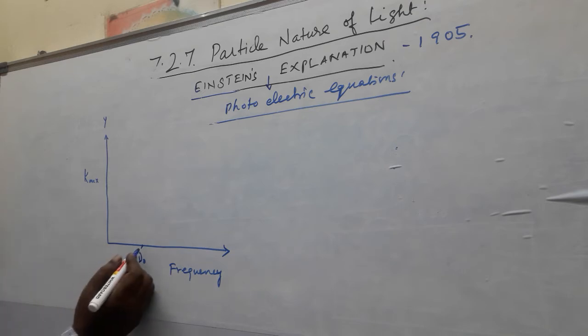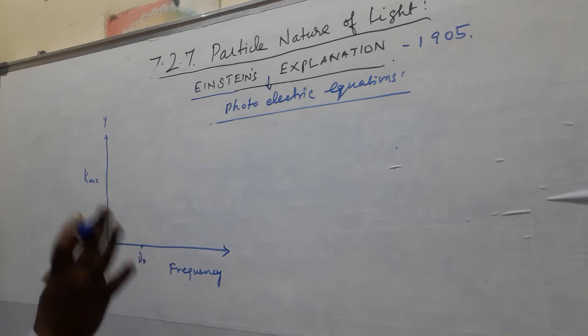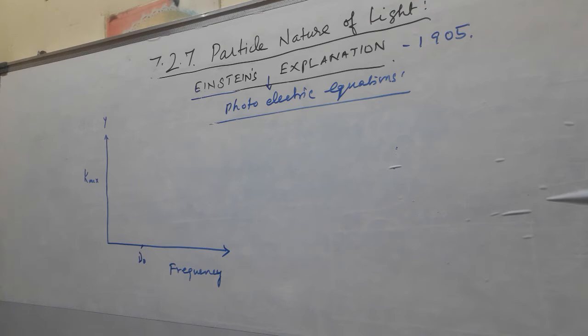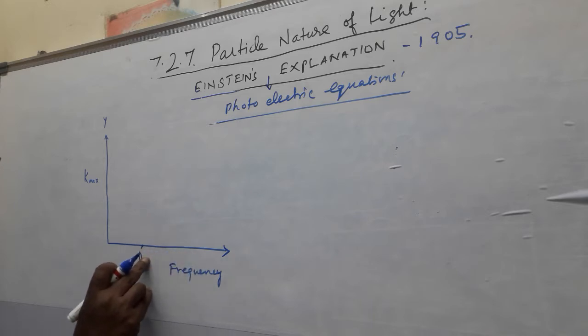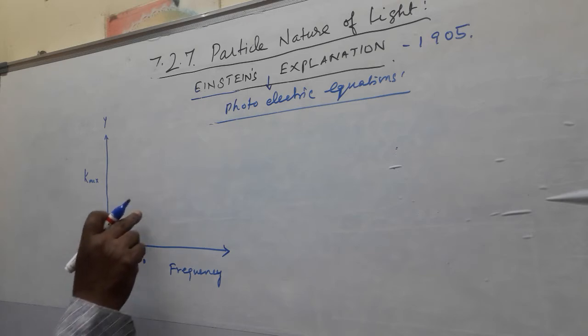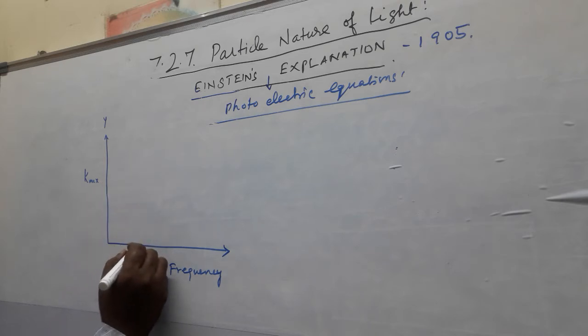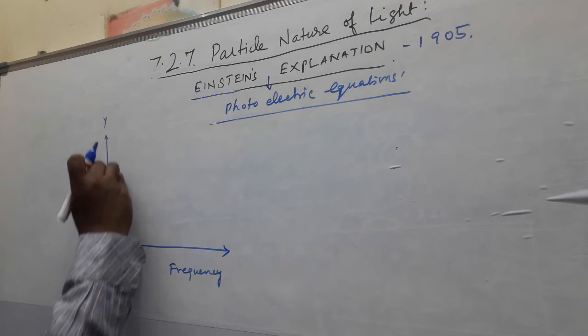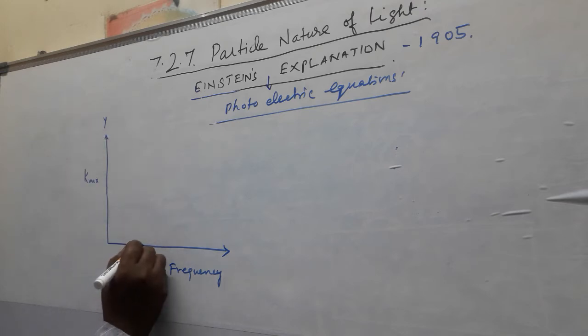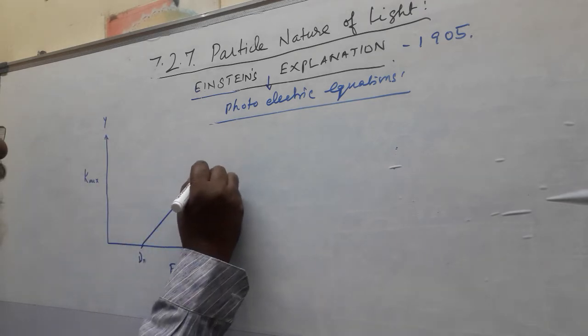That's why below this frequency there is no emission of electrons. So if you increase the frequency of the incident ray above the threshold frequency, the electron may be ejected. If you draw a graph, when you increase the frequency the kinetic energy also increases, so the line should be a straight line like this.